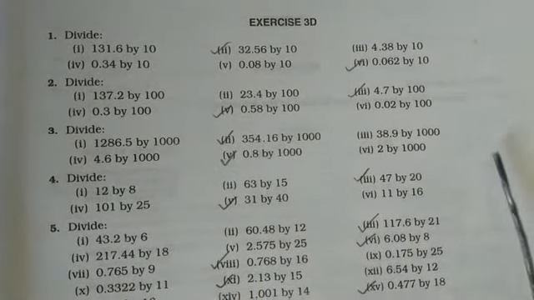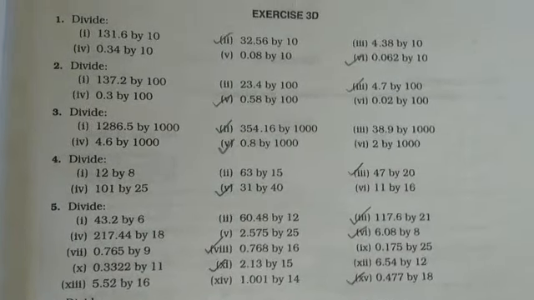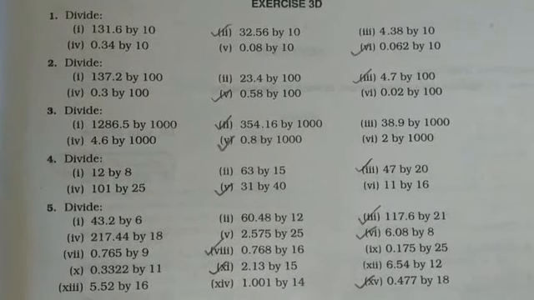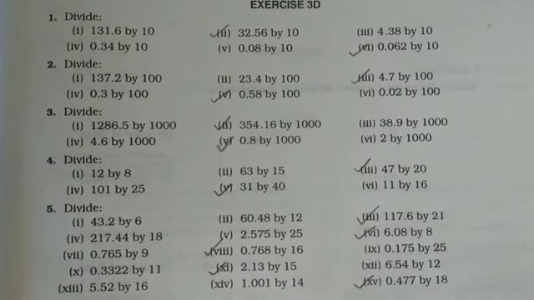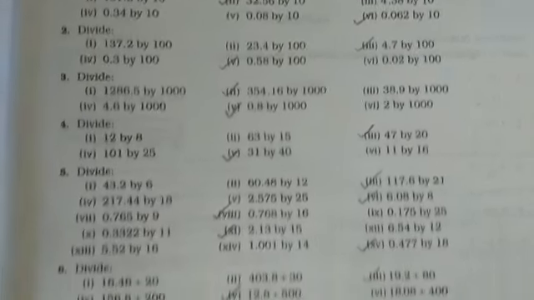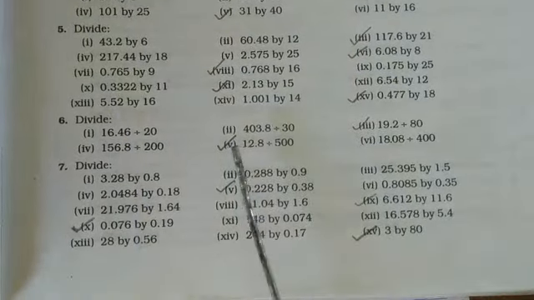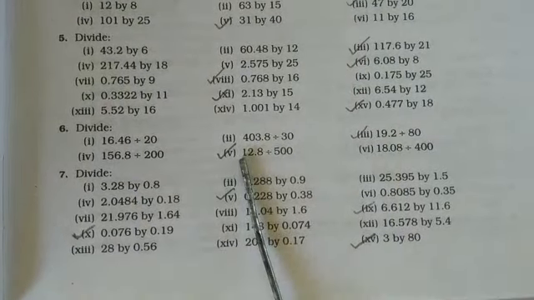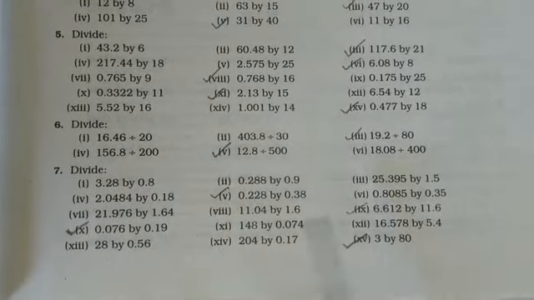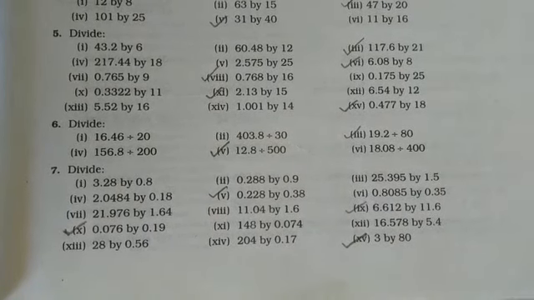So you do all the ticked questions in your copy. Question number 6: 3 and 5. Question number 7: 5, 9, 10 and 15. All are division questions.